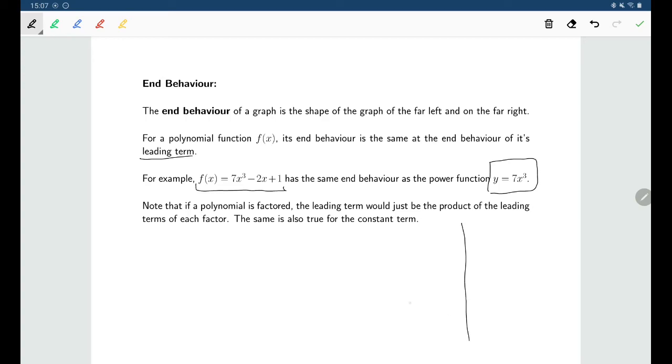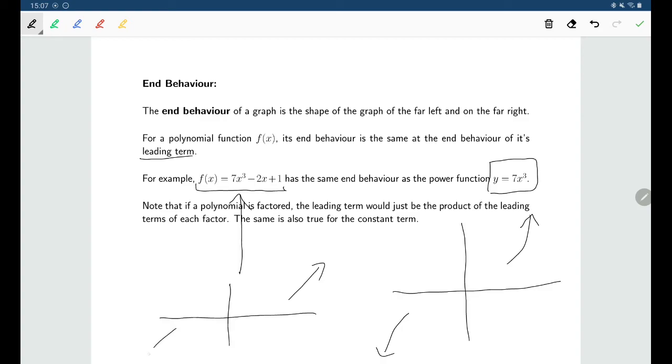Its leading term is 7x cubed, and we know for the cubing function, 7x cubed would go up to positive infinity on the far right and go down to negative infinity on the far left. And that means that this polynomial, 7x cubed minus 2x plus 1, would do the same thing. It'll do whatever it does in the middle, but on the far right it will go up, and on the far left it will go down.